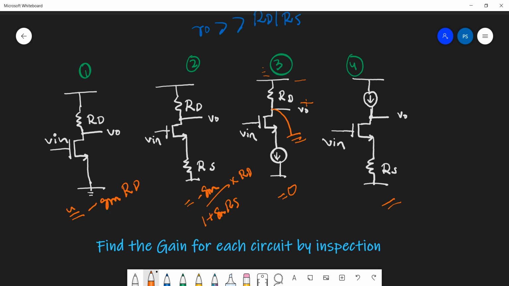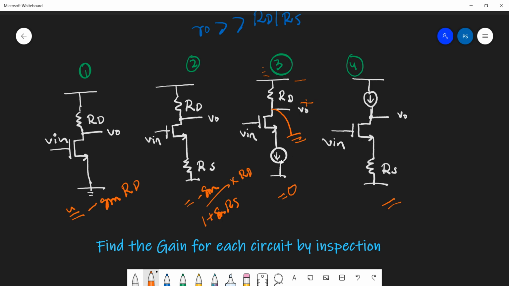On similar lines, try to solve the fourth question. The only difference is that we now have a current source into the drain. Take 5 seconds. I hope you applied the same principle over here.